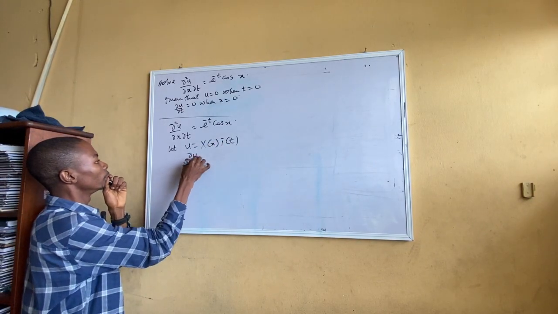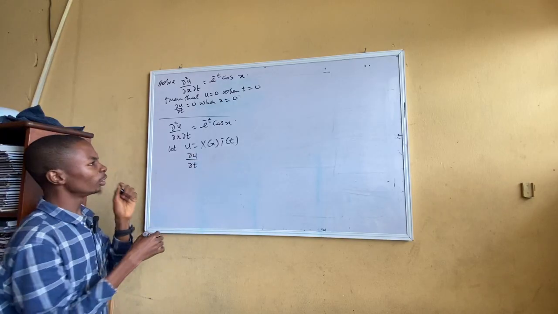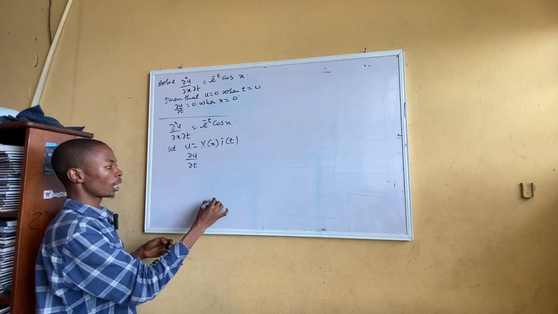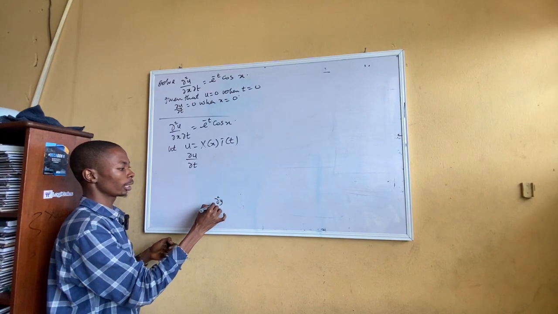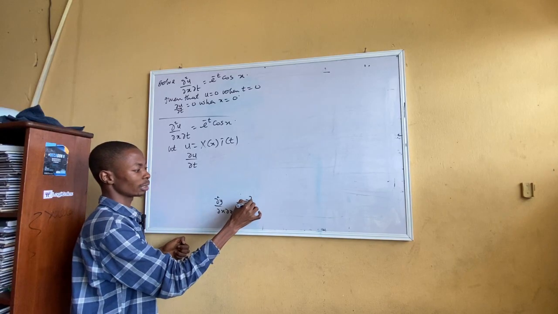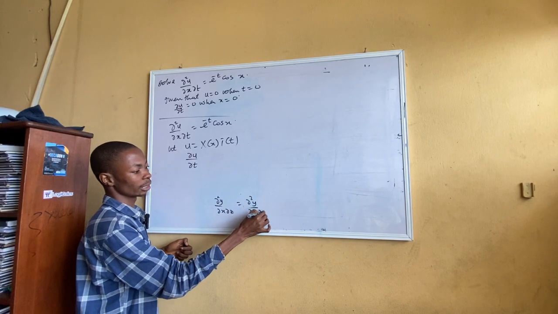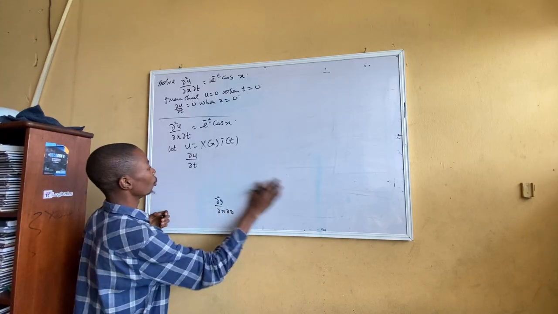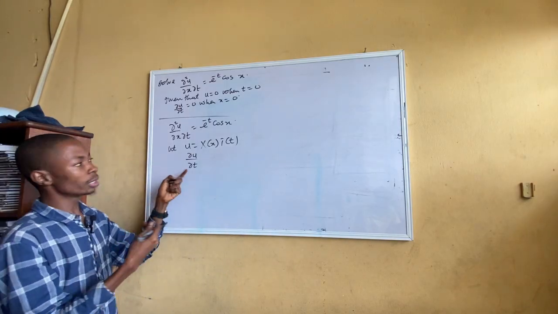What is du dt? You know, from partial differentiation in calculus, when you have something like d square y over dx dz, it's the same thing as d square y over dz dx. Both of them are commutative, so no matter how you arrange it, they are equal. So what is du dt? I will start with du dt, then I will do d square u.